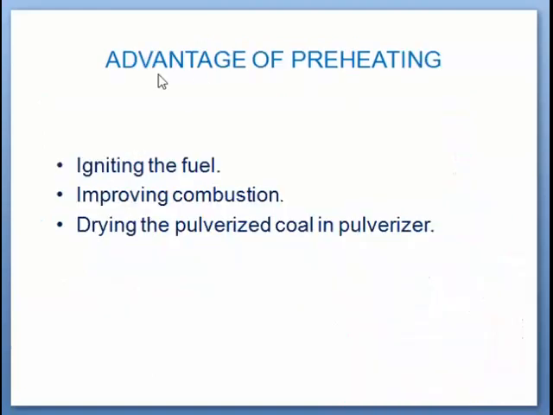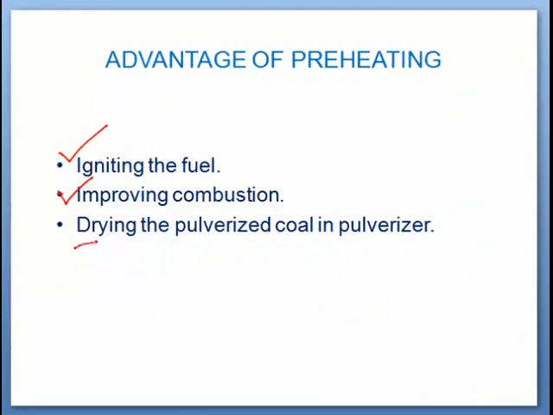So again, just recall the advantages of preheating. So first thing is, it improves the ignition of the fuel. Even the inferior quality of fuel can be easily burned. Second, it improves the combustion efficiency. We already discussed this thing.